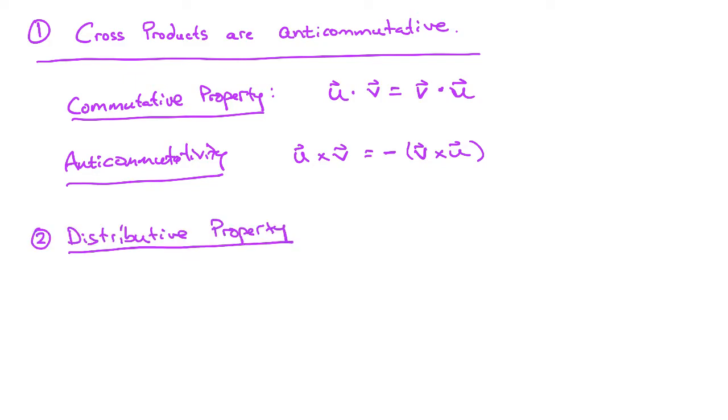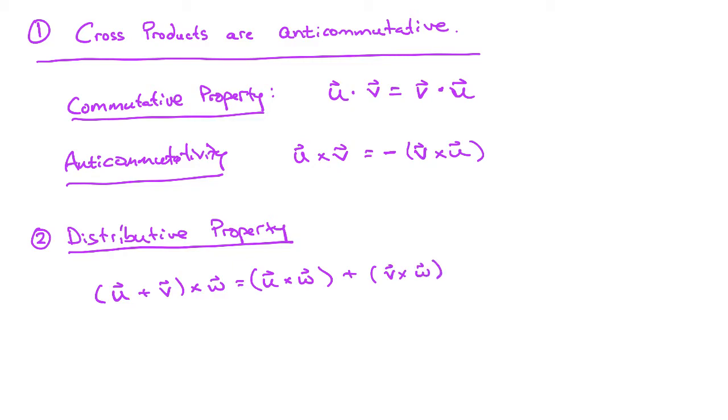Our next property that cross products satisfy is the distributive property. If we add two vectors together, so we have u plus v, and then take the cross product with w, that cross product distributes just like our usual multiplication and addition, so that we have u cross w plus v cross w.